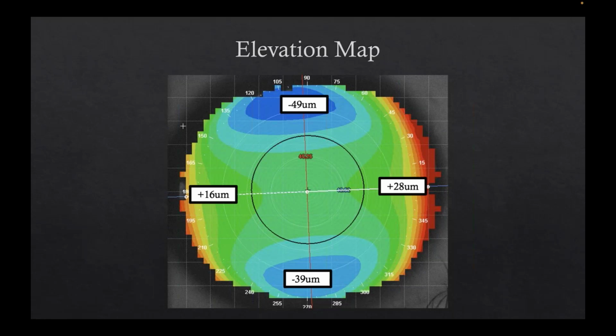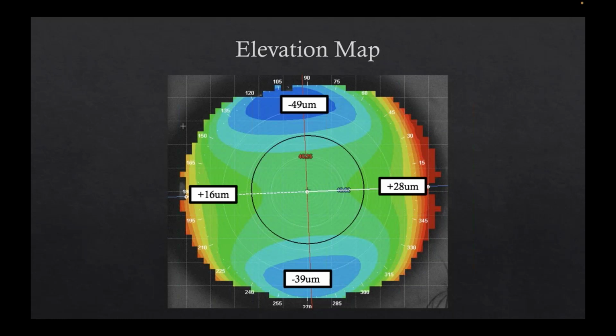So, we talk about RSIM, and we talk about GSIM, and we talk about freeform, and in a case like this, to me, an RSIM lens is never going to work, because you're going to have a lot of flooding in the alignment zone at 12 o'clock and 6 o'clock. There's just no way to get the same alignment in the horizontal as it is in the vertical meridian with 70 microns of difference.